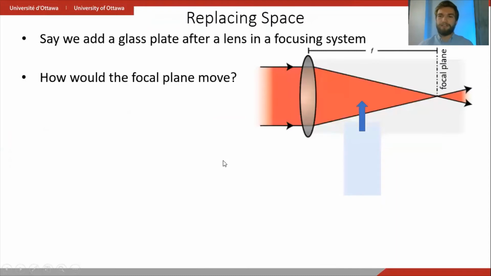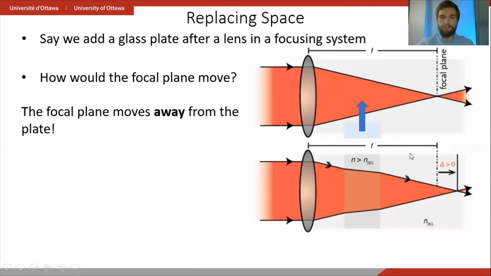So how do we go about designing a spaceplate? Well, imagine that we have a collimated beam incident on a lens, which focuses the beam at a distance f away, creating the focal plane. If we insert a glass plate into the system, where the glass plate has an index of refraction greater than that of the surrounding medium, how do we think the focal plane will move?